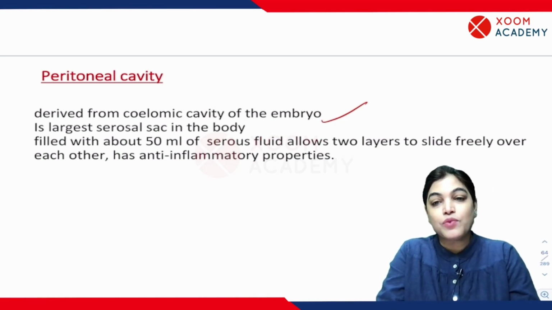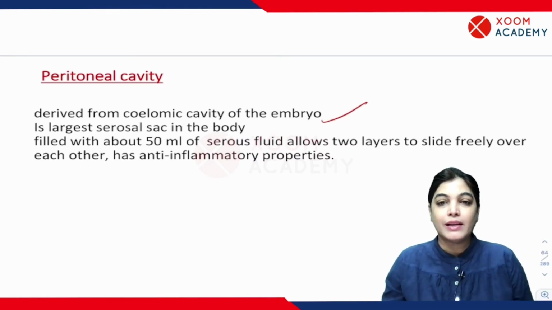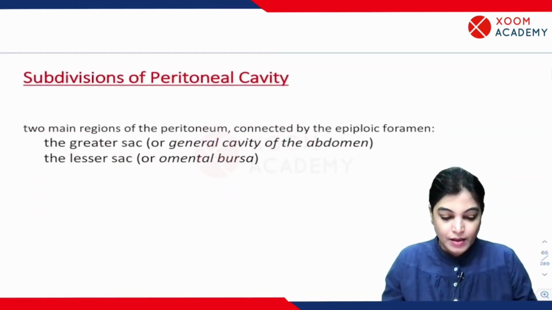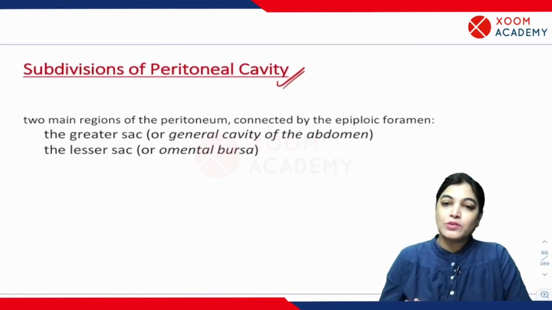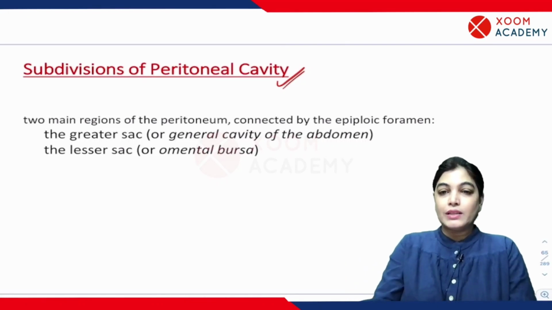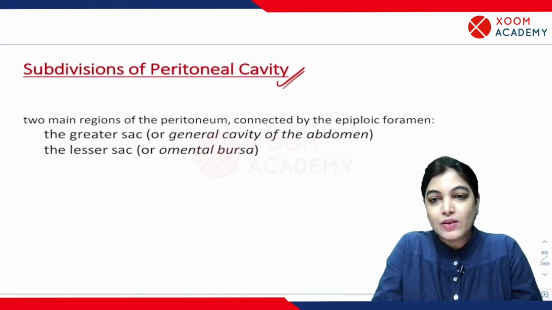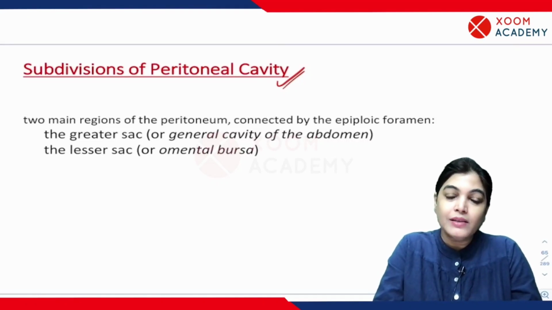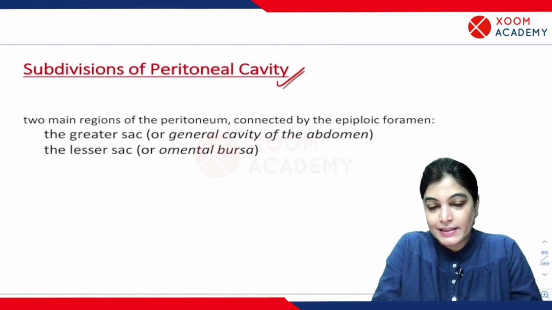It's also important for us to know the basic difference between the parietal and the visceral layer of the peritoneum. So, before proceeding to that topic, I would also like to tell that if you see a vertical sagittal section and vertical tracing of the peritoneum, you can see the general cavity of the whole abdominopelvic cavity, that is called the greater sac.